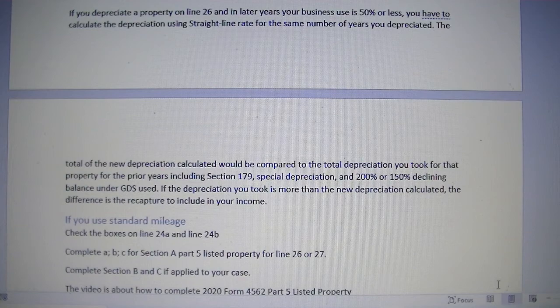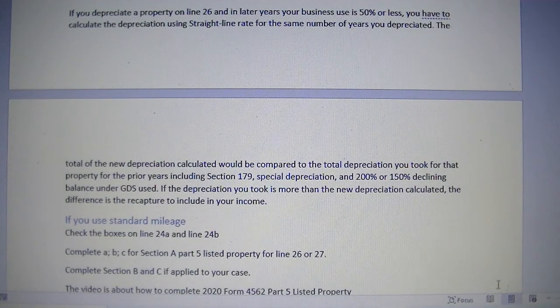Now you'll use straight line method, and you will calculate what the depreciation deduction would have been if you had used straight line as the depreciation method under GDS to depreciate the asset for the same number of years that you claimed deduction on it already. You'll compare both numbers.